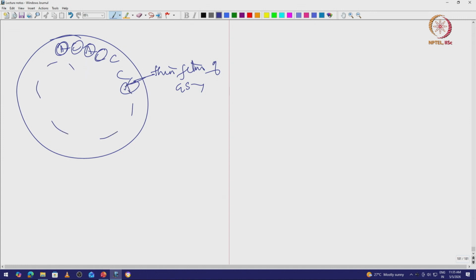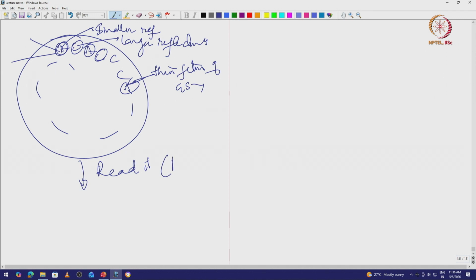I am going to write all these bits, and they have different reflectivity. Amorphous has a smaller reflectivity, crystalline has a larger reflectivity, and when I read it, using what is called a reading laser pulse.